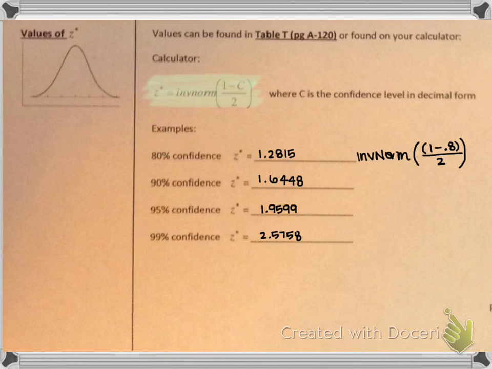I would like you to take a look, though, that the more confident you become, so from 80% confident to 90% confident to 95% confident, so the higher your confidence level goes, notice that your z-star is getting bigger also.